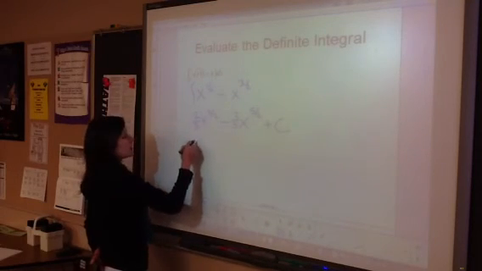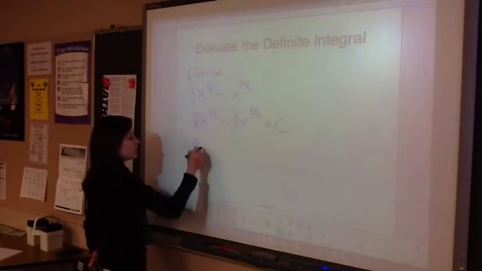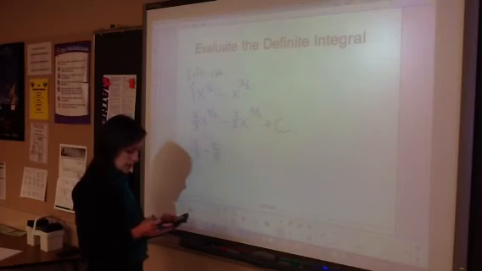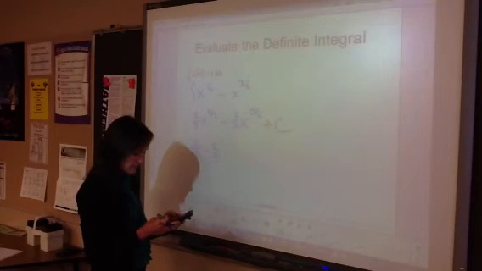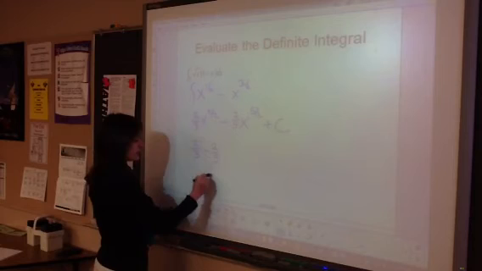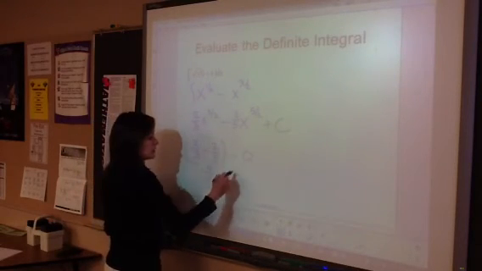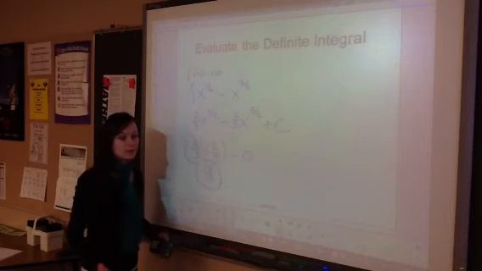So we're going to plug in 1. When you plug in 1, you get 2/3 minus 2/5, which is 4/15. When you plug in 0, you get 0. So when you subtract, you get 4/15.